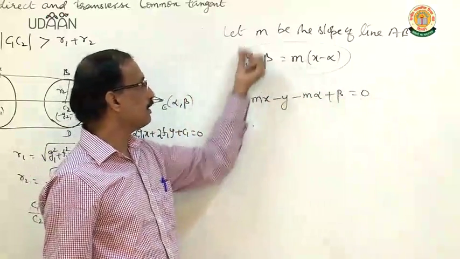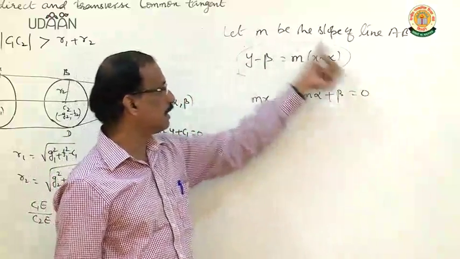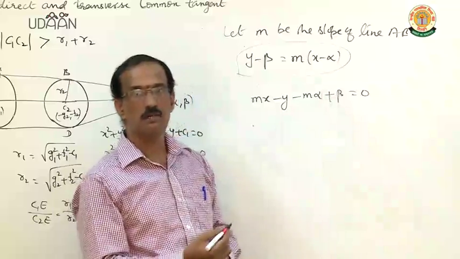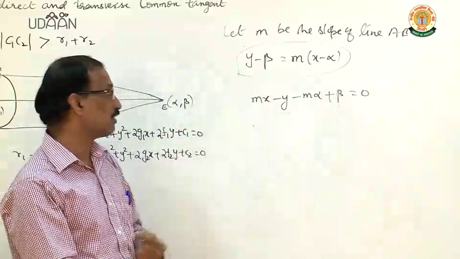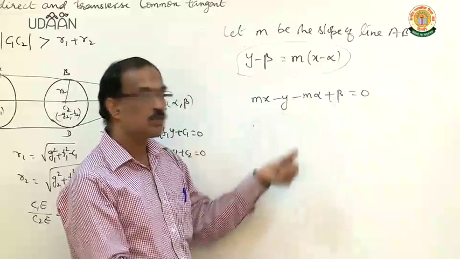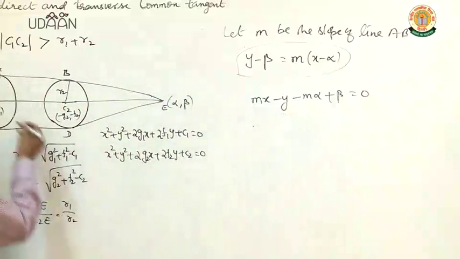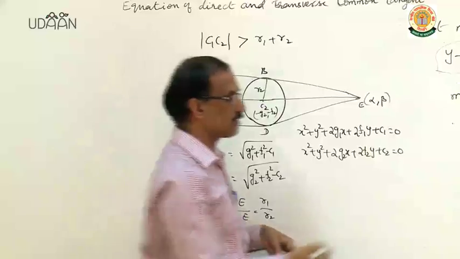The y comes to that side, so minus y, and the beta goes to that side, so plus beta equal to 0. So, this is your equation of the common tangent. So, the perpendicular from the center to this line is equal to the radius.